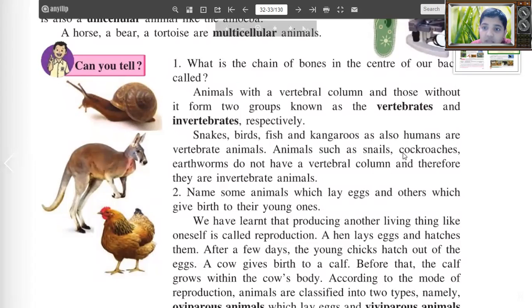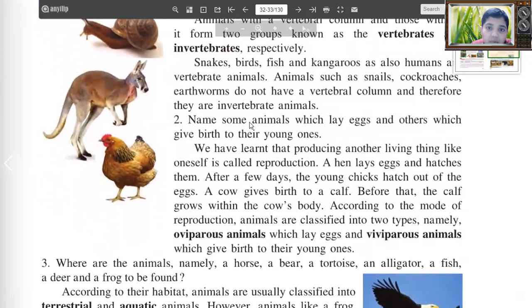Animals such as snails, cockroaches, earthworms do not have a vertebral column and therefore they are invertebrate animals. Name some animals which lay eggs and others which give birth to their young ones.